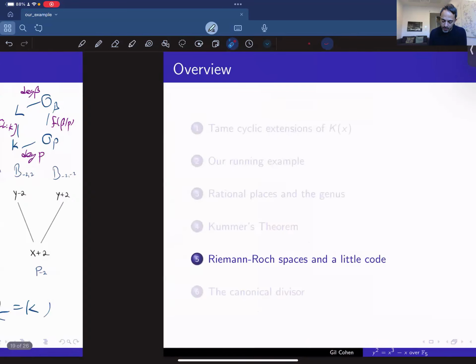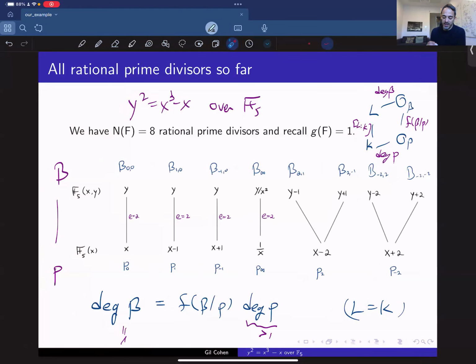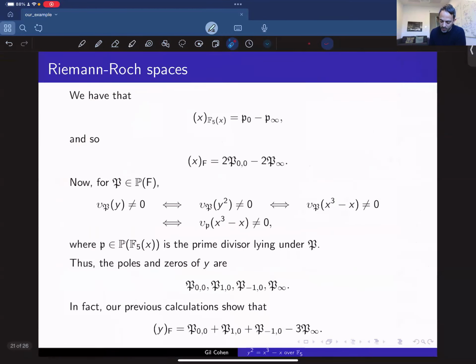Right, so if you look at our picture, x as an element in F5 has a 0 here and a pole here. So as an element in capital F, it has a 0 here, but with e equals 2, and a pole here, again with e equals 2.